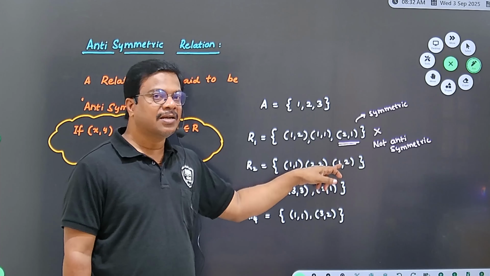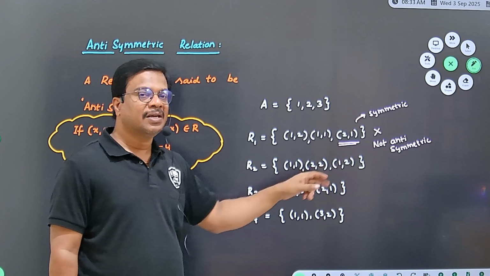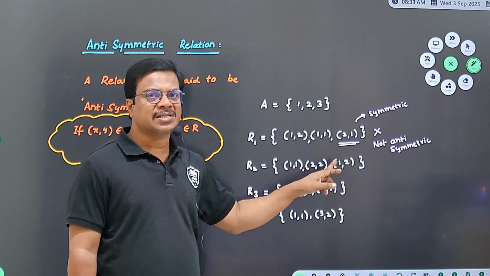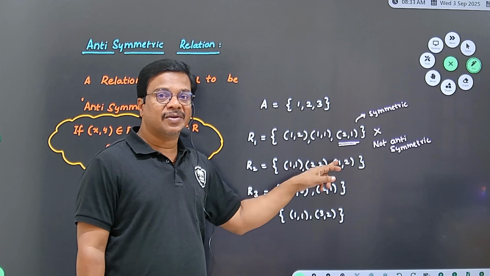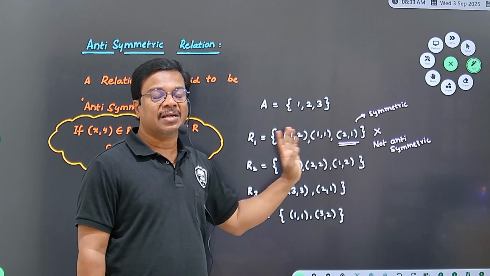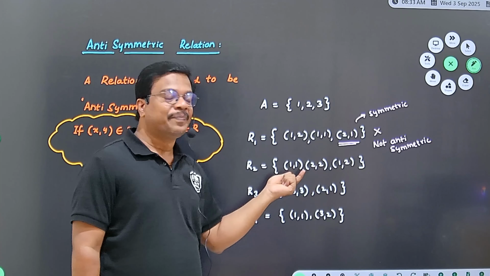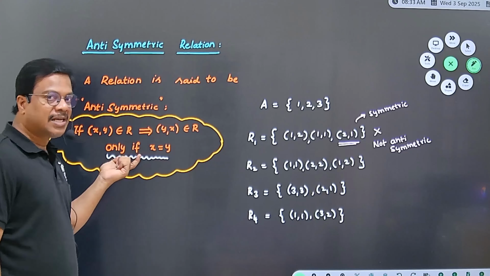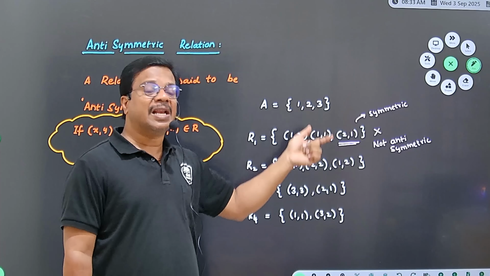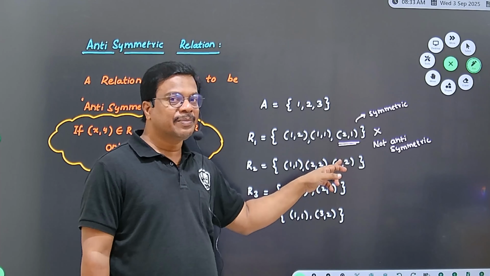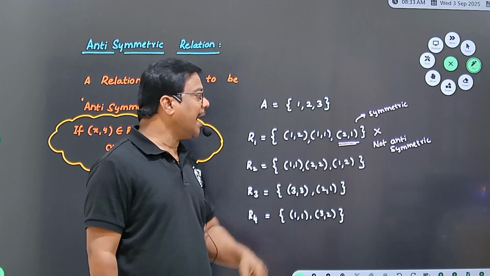Then cross check the third pair: (1, 2) we have, only (1, 2) is there. So it is antisymmetric. Why? Because if (2, 1) were present in that relation, then it would not be antisymmetric, remember. Only when both the coordinates are the same is there a chance to write its symmetric pair. There is no symmetric pair in the relation, because they are unequal. So it is antisymmetric.